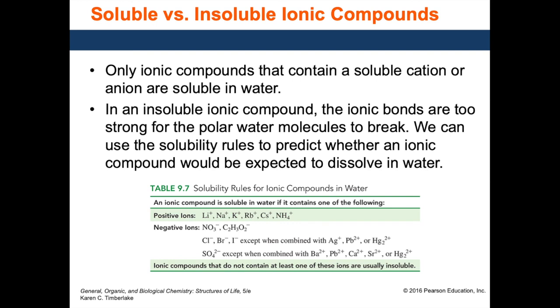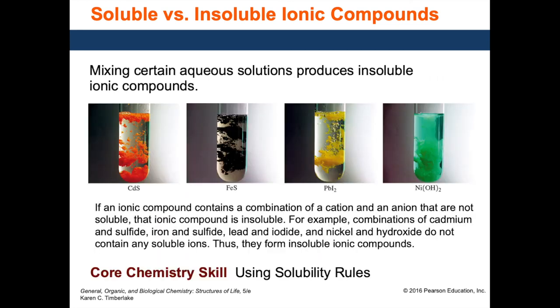So typically things like phosphates or carbonates, ions like that, tend to be insoluble, unless of course they're paired up with the group 1 metals or ammonium. So here are some examples of insoluble salts, and you can see that they clump around as solids in our mixture.